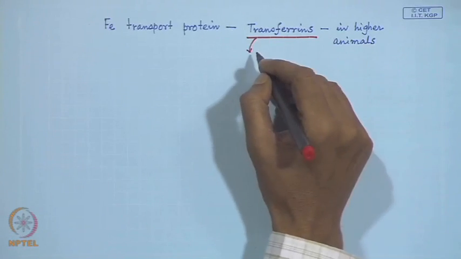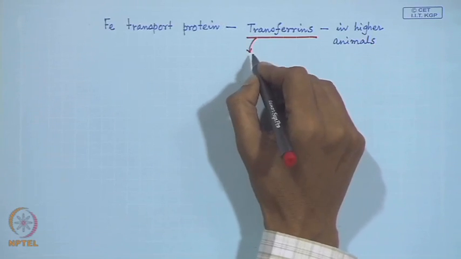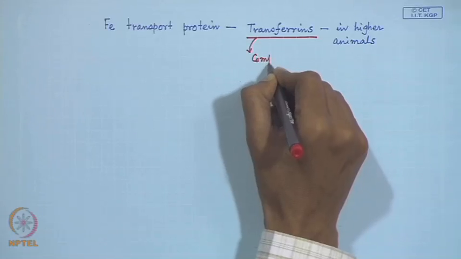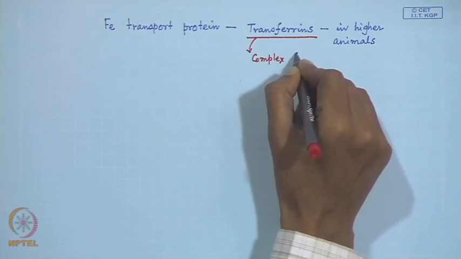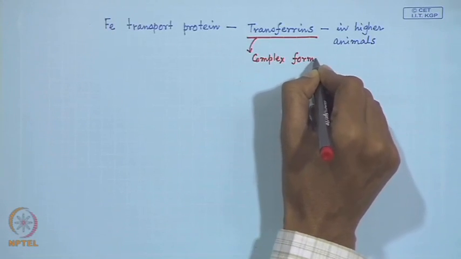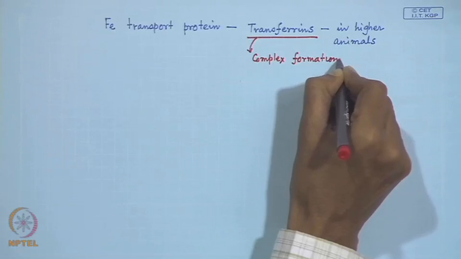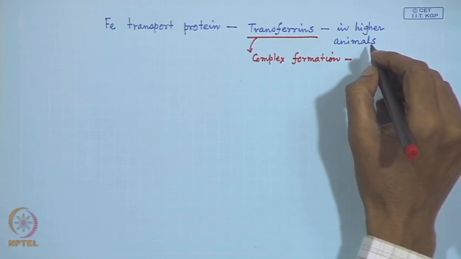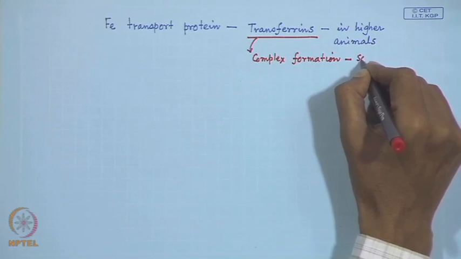For the complexation reaction, the most important reaction we know. So, for complex formation, which keeps the iron in soluble form, which is very important.